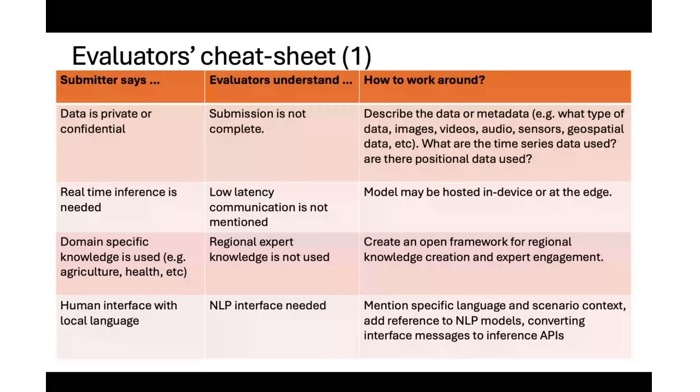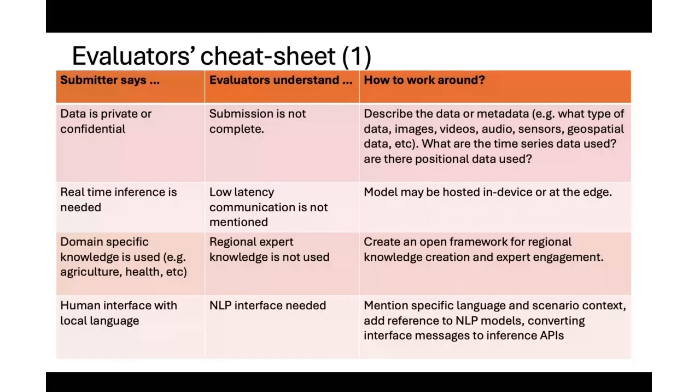But one possible workaround as far as the author is concerned: you can describe the data, you can describe the metadata. You don't need to give the data out, but you can describe it. What type of data? Are they images, videos, audios, sensors, geospatial data, positional data? Is time series data used, etc.?